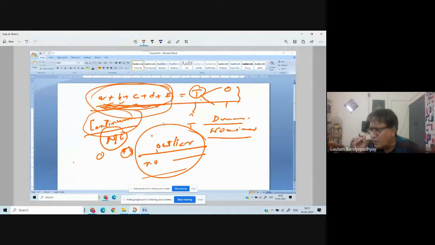So when you establish a model like regression, discriminant, or logistic, which I'm not discussing today, first of all you have to check the assumptions.